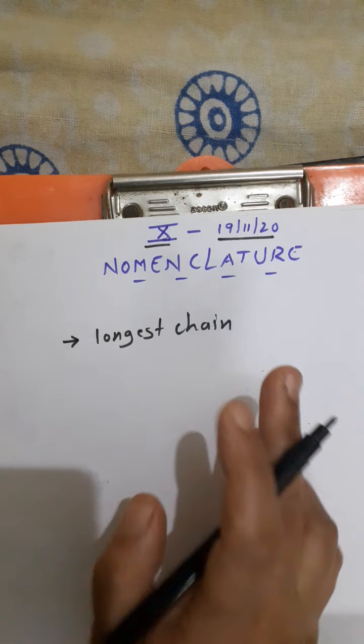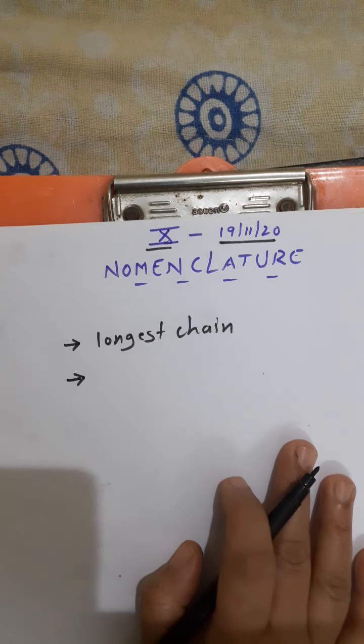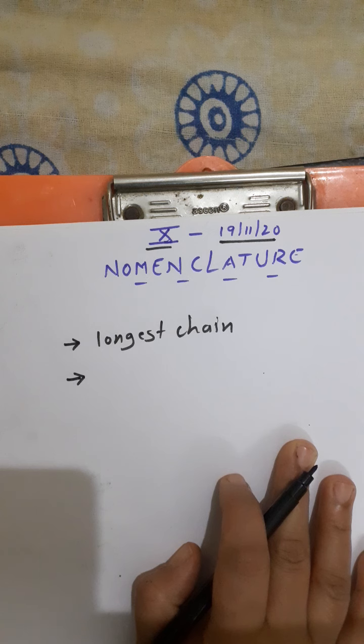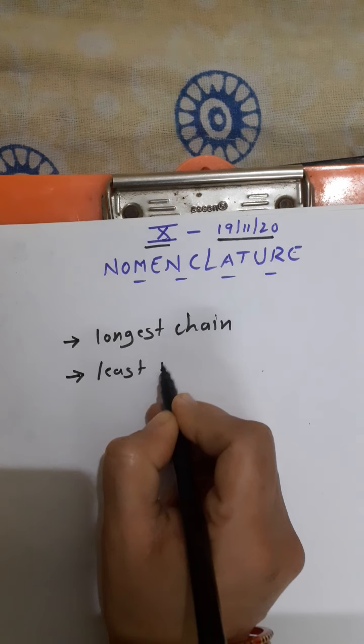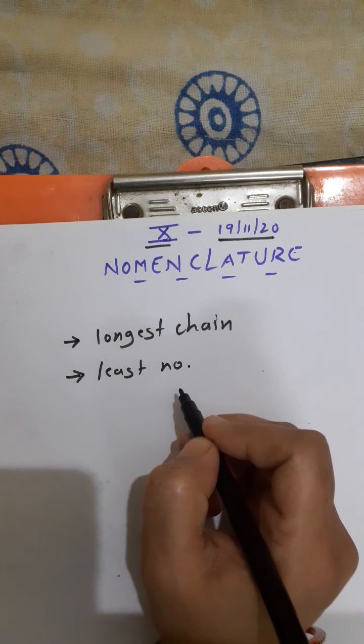Okay children, then comes the second rule. Now what is the second rule? Whenever you are naming, the positioning of what is being attached to the chain should be given the least numbering. Now the question comes: to whom should we give the least numbering?